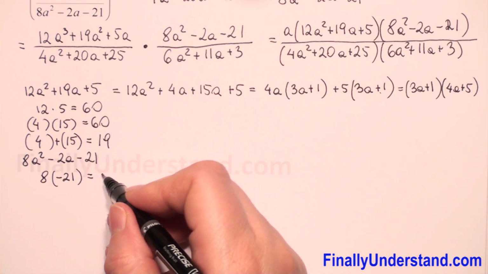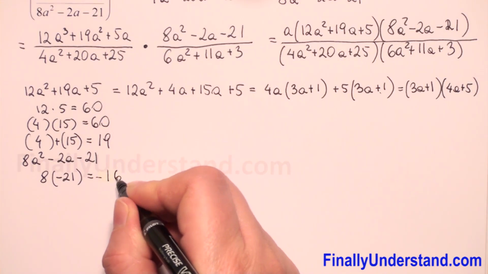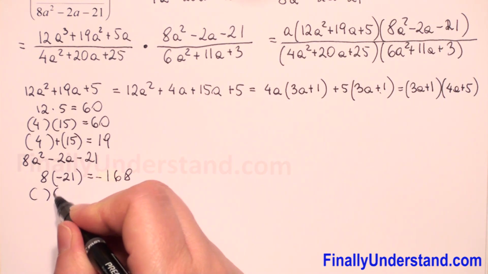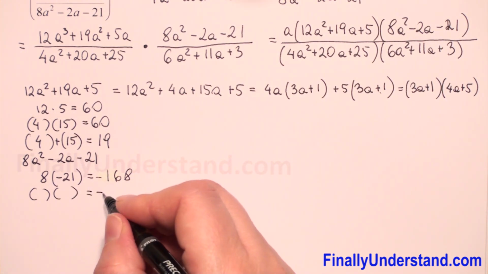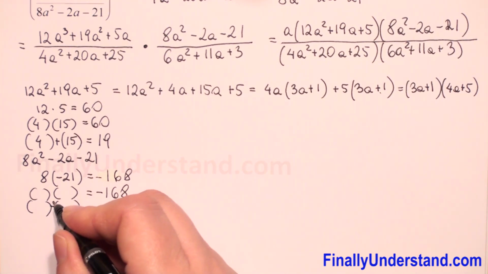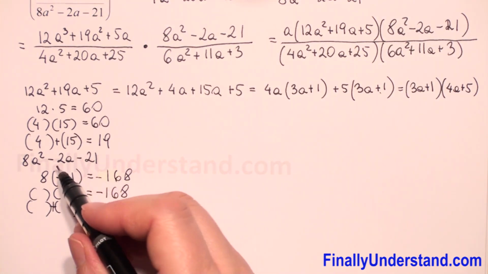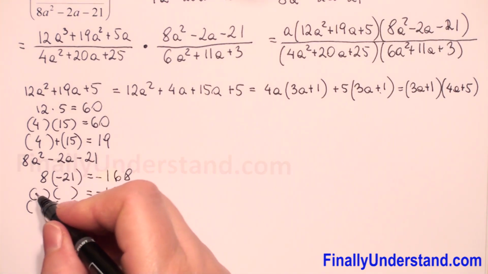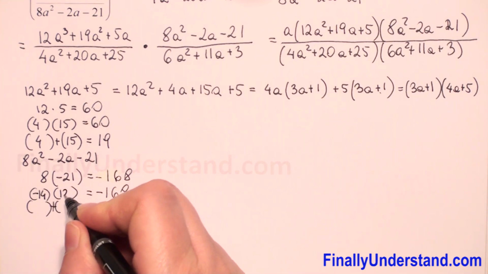So this is equal to negative 168. Now I have to find two numbers which multiply to negative 168, and when I add these two numbers, I get the coefficient before a, which is negative 2. So it will be negative 14 and 12.